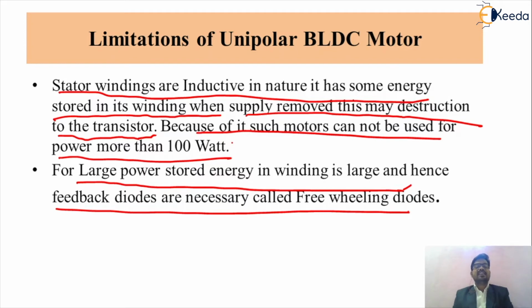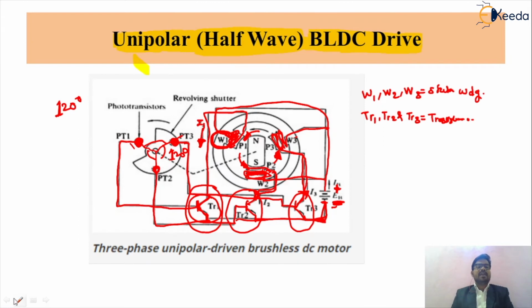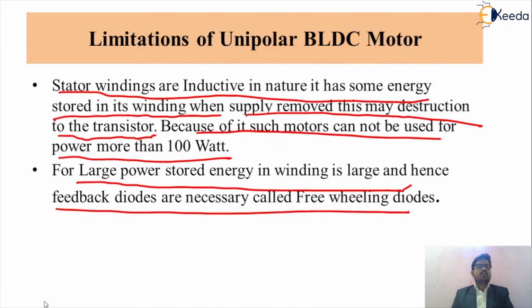So the construction, while we are using the unipolar BLDC motor along with a freewheeling diode, is the second type of BLDC motor, and this second type will be called the bipolar BLDC motor.